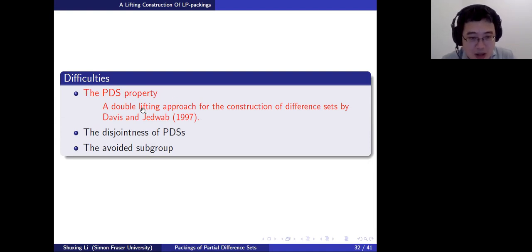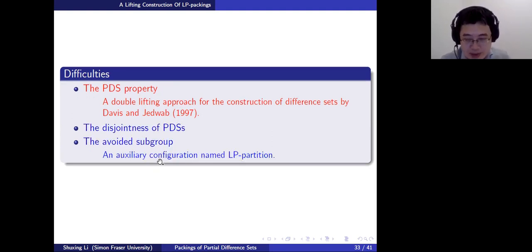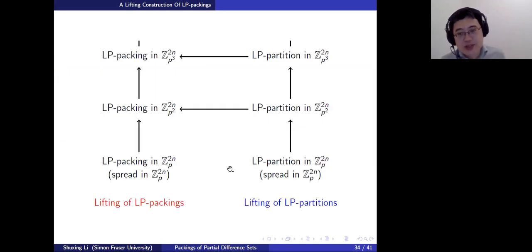So this double lifting idea is the most powerful construction from my viewpoint. And secondly, to address the disjointness and the avoided subgroup, we have to use an auxiliary configuration named LP partition. I won't give you the definition of LP partition, but just use a diagram to illustrate our construction.